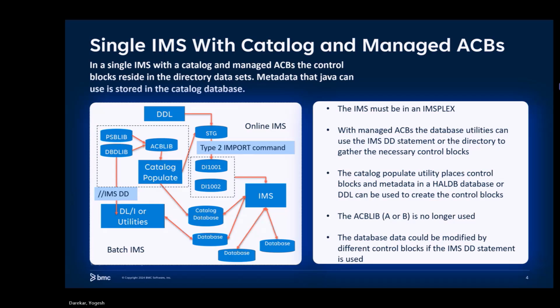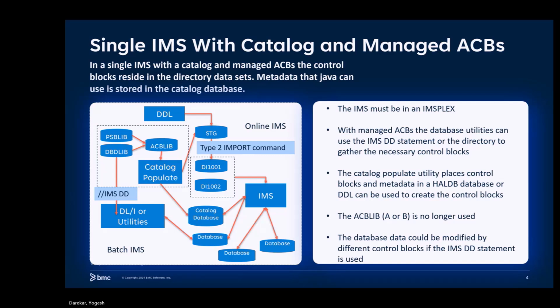With managed ACBs, ACB lib A and B are no longer used. Instead, you have the directory, and the active directory will have all the DBDs that IMS will use.